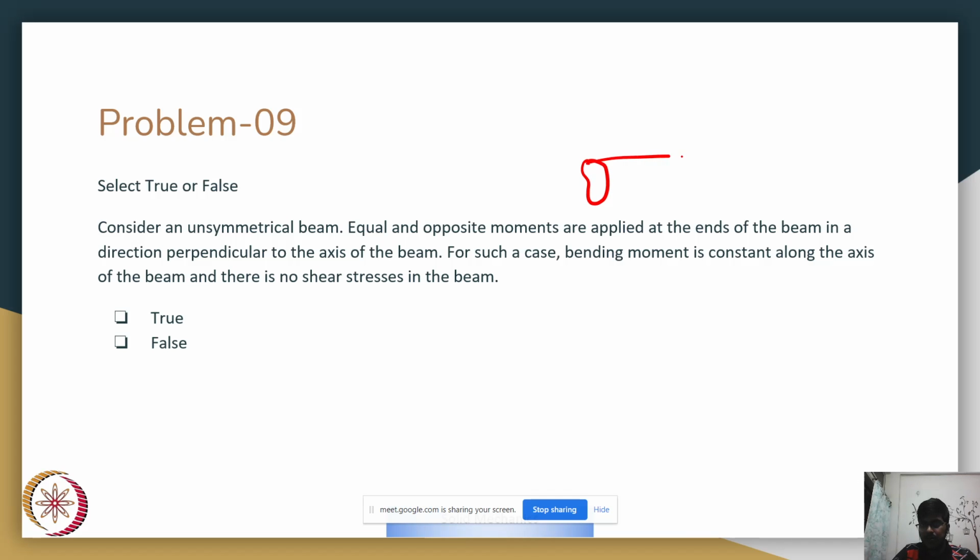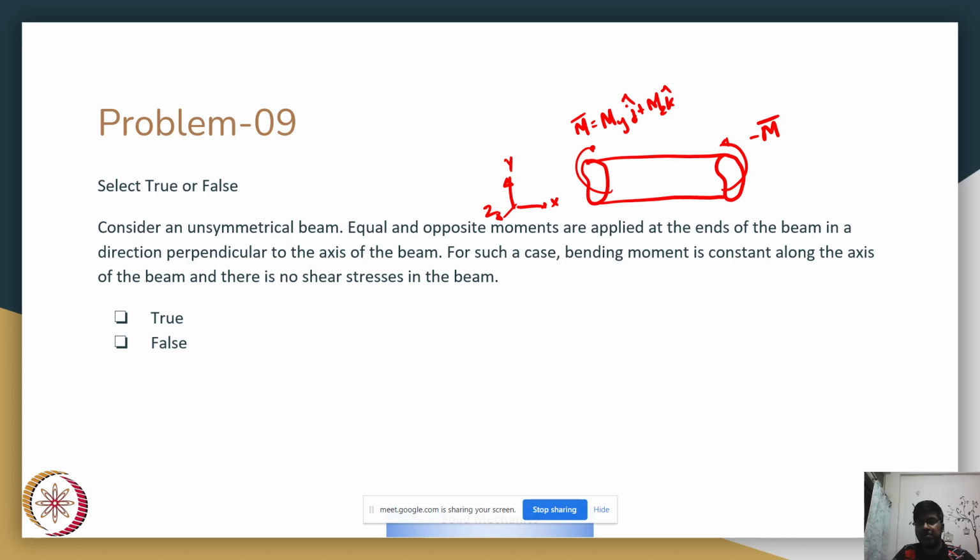I'll again draw a general unsymmetrical cross section. I'll choose a coordinate frame, say x, y and z, and a general moment would be M is equal to My j hat plus Mz k hat, and on the other end we would have plus M and minus M acting.